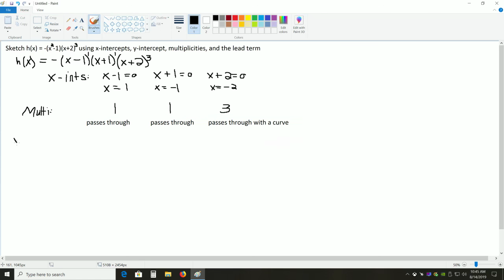We can now decide the y-intercept, and the y-intercept occurs when we find h of 0. H of 0 just means we're going to plug in 0 for all of our x's and simplify.